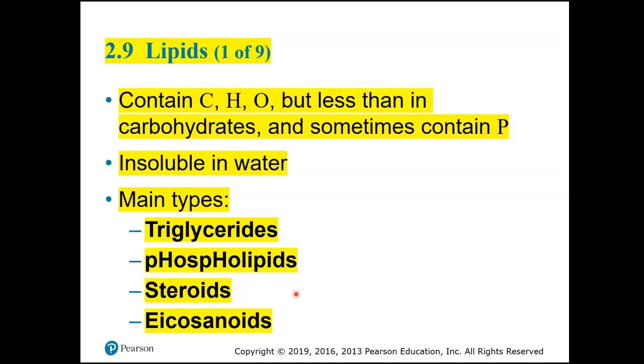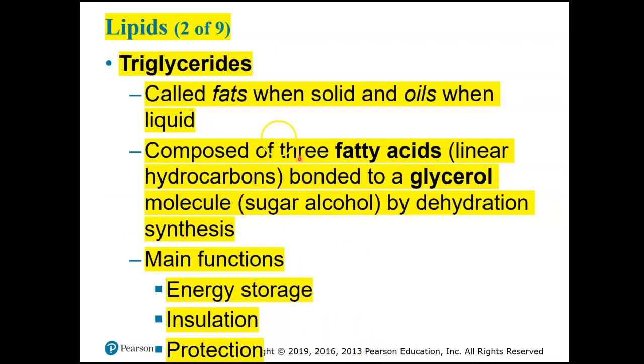Testosterone, estrogen, progesterone, those are steroid hormones. And then eicosanoids. Triglycerides are called fats when solid and oils when liquid. They're composed of 3 fatty acids bonded to a glycerol molecule. And we'll look at what they look like in a minute. They're formed by dehydration synthesis, and main functions are energy storage, insulation, and protection.